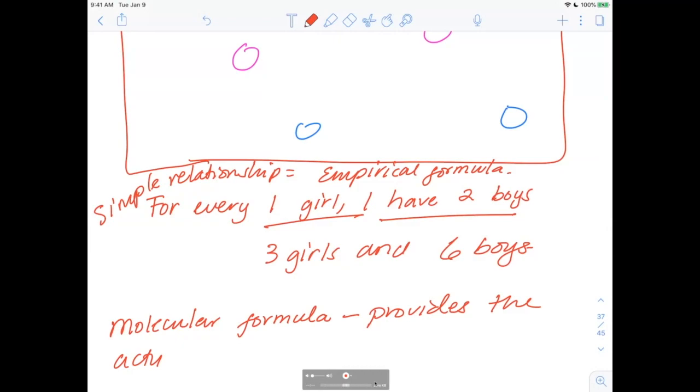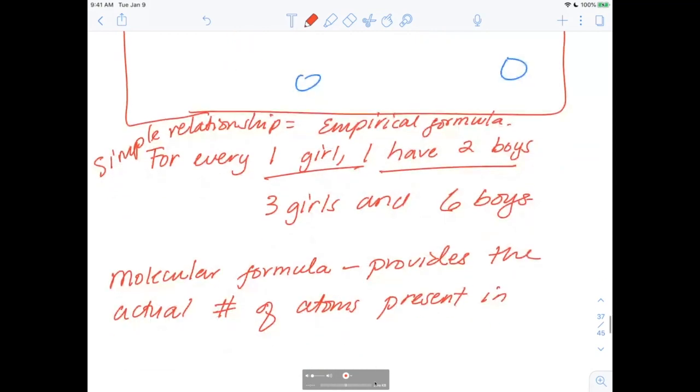In the molecular formula, you're trying to say, okay, how many boys are there? 6. Girls, 3. 3 girls, 6 boys. So the molecular formula provides the actual number, of course, back to the chemicals, of atoms present in the formula, right? Like you're taking roll. And of course, in my analogy here, that will be 3 girls and 6 boys.